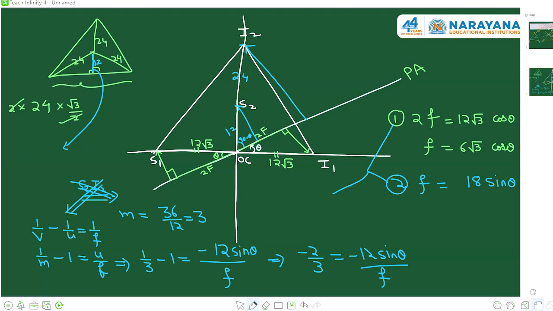So 6 root 3 cos theta comes out as 18 sine theta. So tan theta comes out as 1 by root 3, so theta comes out as 30 degrees. And f, because I have written 18 sine theta, comes out as 9.